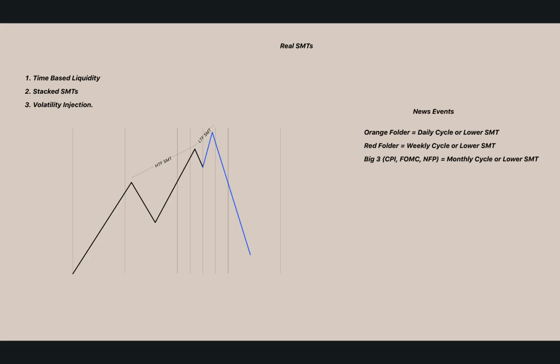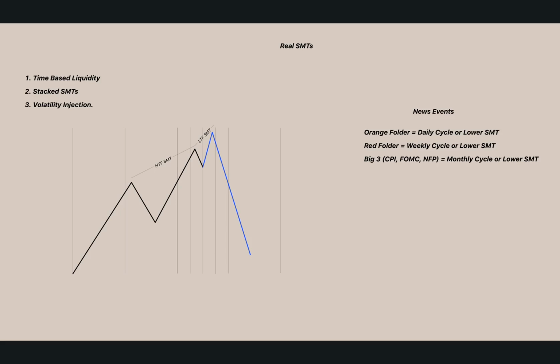They usually create a monthly cycle or lower SMT. So, this is a pretty good general rule of thumb to be on the lookout for. And it's usually pretty accurate. So I would backtest that if I were you. I actually highly suggest you backtest this because this is going to go into the complete model of what I like to trade. So you need to understand this very in depth.